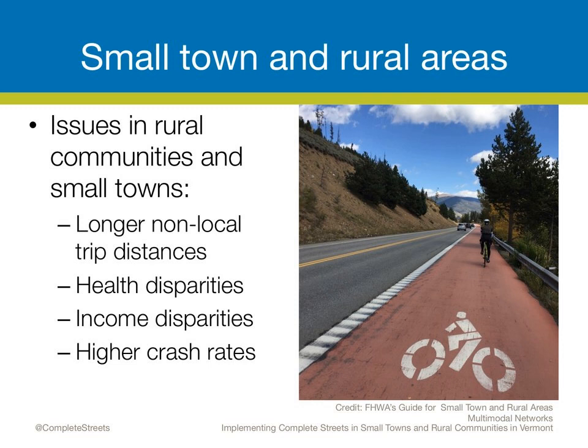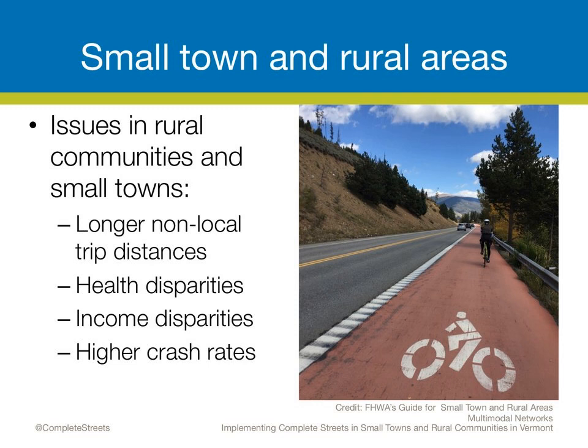Other issues that rural areas and small towns face is that you're making longer non-local trip distances. So if I want to go from small town A to B, it's not like where I live right now, Washington, D.C., where I bike around and it's not obvious when I cross from D.C. into Maryland, because there are continuous sidewalks.